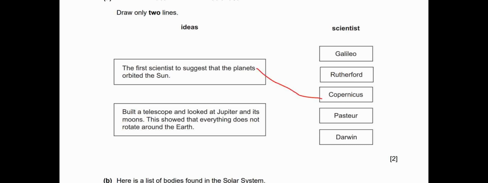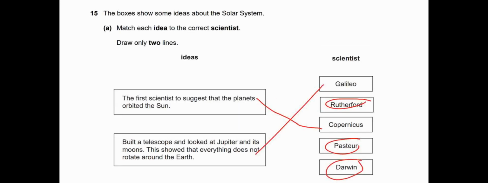And the one who built a telescope will be Galileo. All the others, Rutherford, Pasteur, and Darwin: Pasteur and Darwin are for the biology field, not outer space, while Rutherford is for chemistry. Rutherford is a scientist for chemistry related to atomic structure.